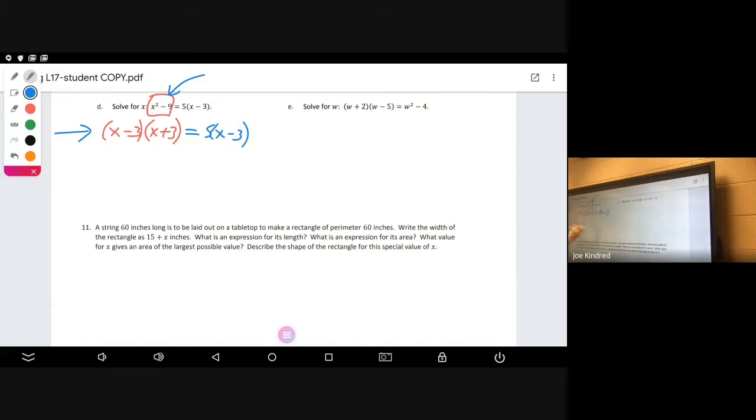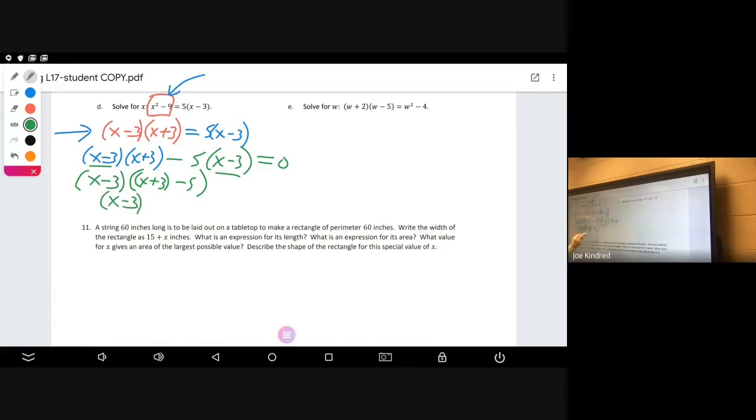The reason why this is important is because now we're going to move that over. Subtract, equal to 0. Look, factor out. Add like terms.